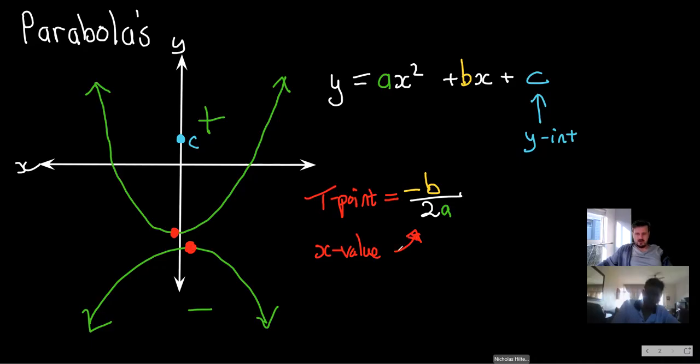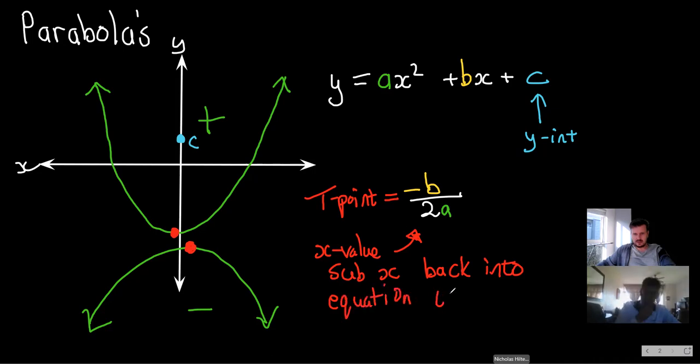Now, in order to figure out what y is, you simply put that x value back into this equation wherever you see an x. So you just sub your x back into the equation to get y.